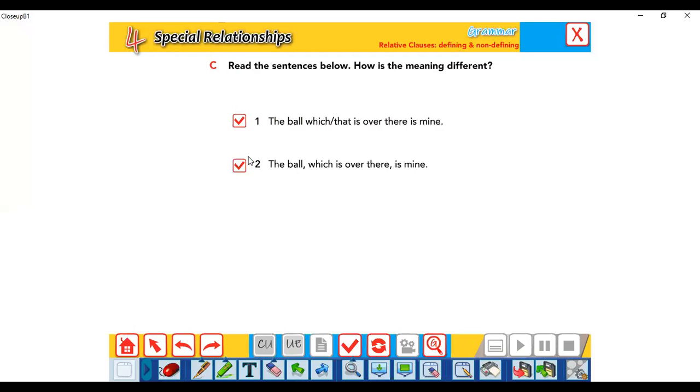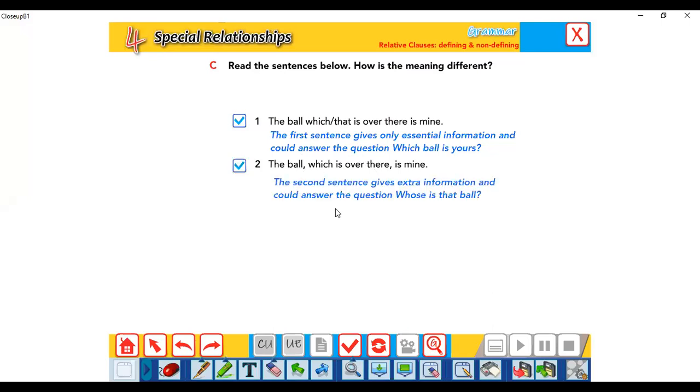But in the next one, the ball, which is over there, is mine, we have extra information which we can skip and still understand the sentence. So we use commas with a non-defining relative clause. The first sentence gives only essential information and could answer the question, which ball is yours? The second sentence, with commas, non-defining, gives extra information and could answer the question, whose is that ball?